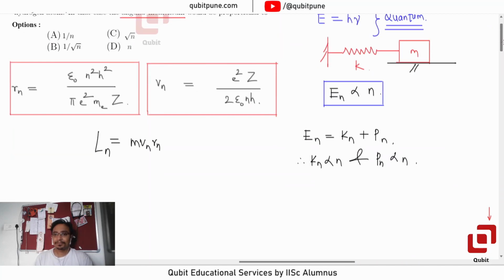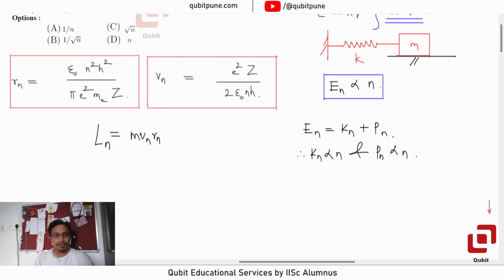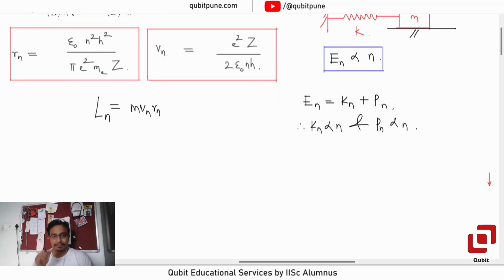Okay. Now what is the formula for Kn? Can anybody tell me the formula for Kn? Come on, what is the formula for Kn? Half mvn squared, right? Half mvn squared proportional to n.